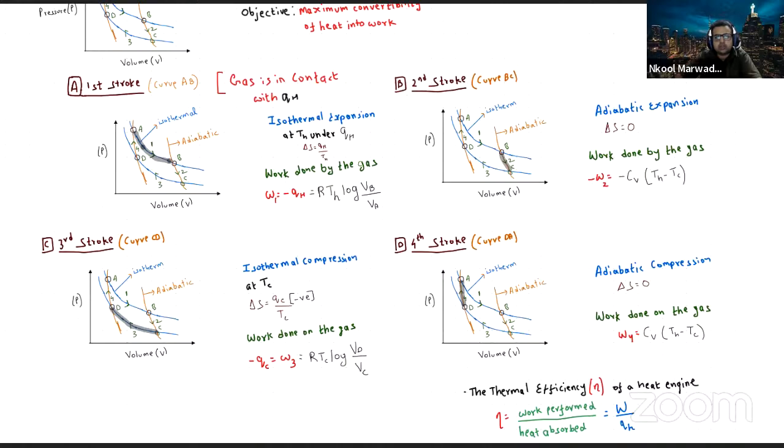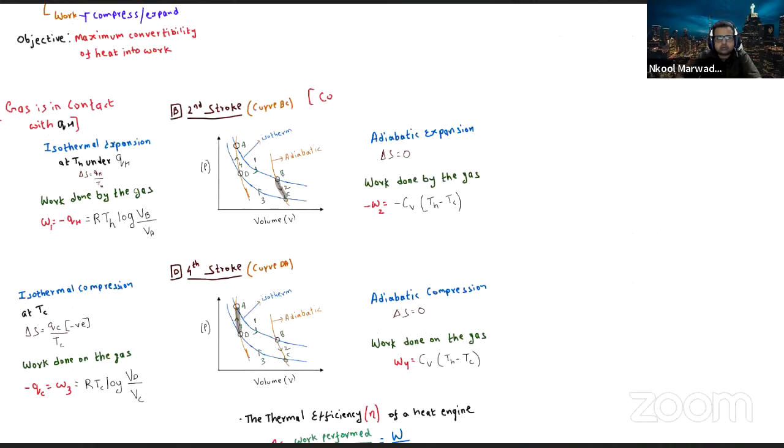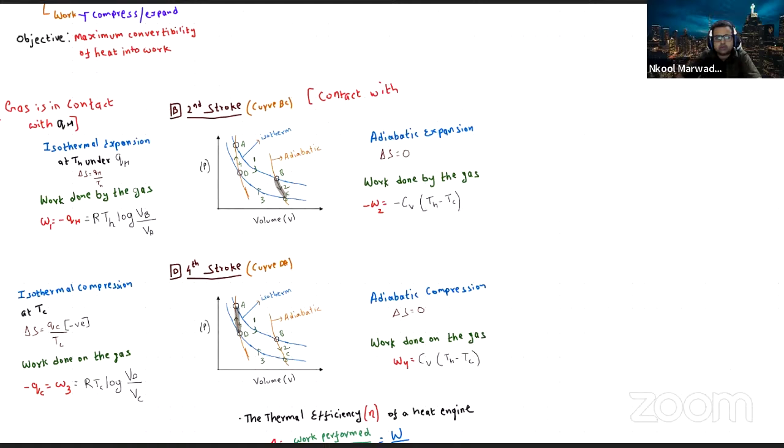In the second stroke, the contact with QH, which is the heat source, is broken.